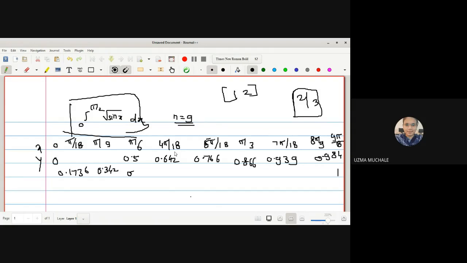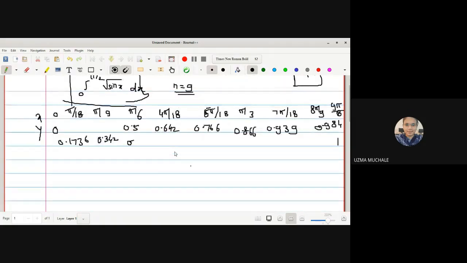Now if I want to solve this example by the trapezoidal rule, what will be the formula? Let us write down the formula. How many values are we provided with? Say x0, x1, x2, x3, x4, x5, x6, x7, x8, x9.